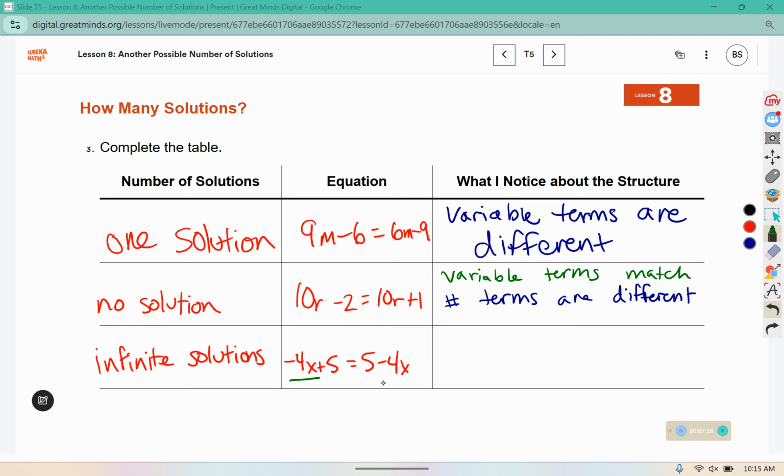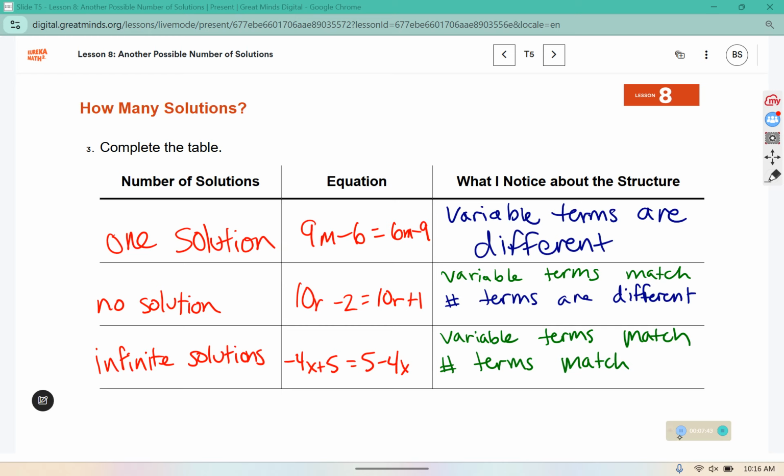In the last one, the variable terms match, and the number terms match. They were both positive 5. So if everything is the same, it's infinite. If the variable terms are the same, no solution. And if the variable terms are different, it will have one solution.